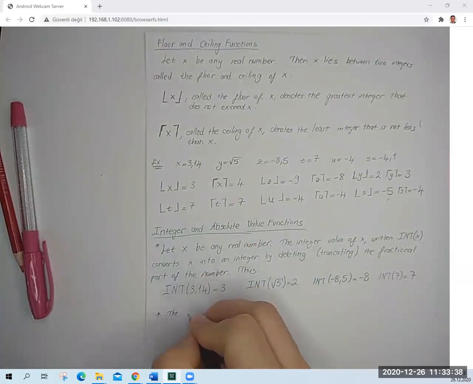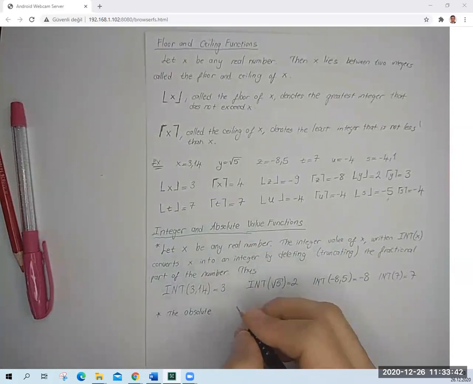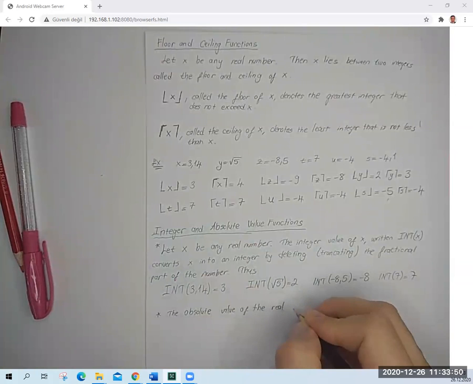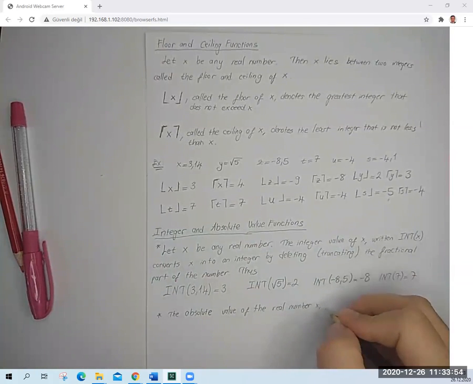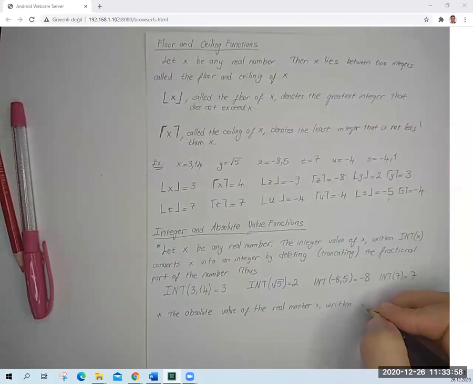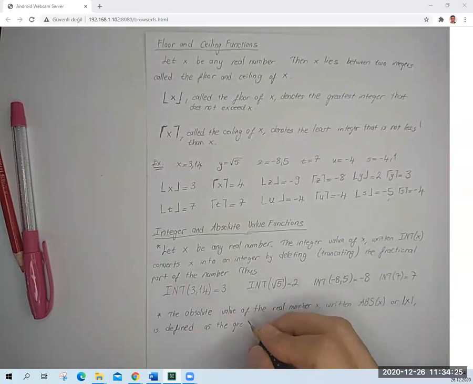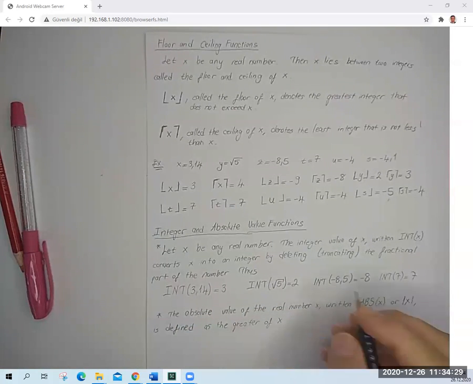Absolute value of the real number x, written ABS x, or denoted by the absolute value symbol, two lines around x, is defined as the greater of x or minus x.